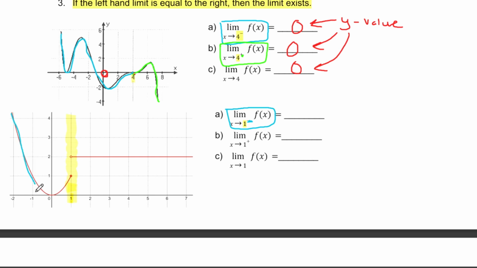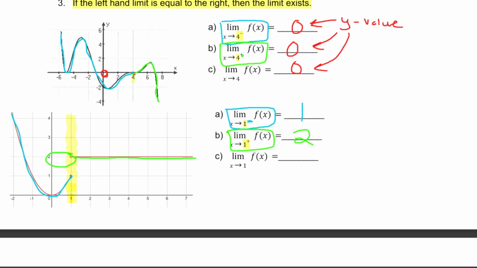The y value approaches 1, so the left-hand limit is 1. Next, we approach 1 from the right. The y value approaches 2, so the right-hand limit is 2.